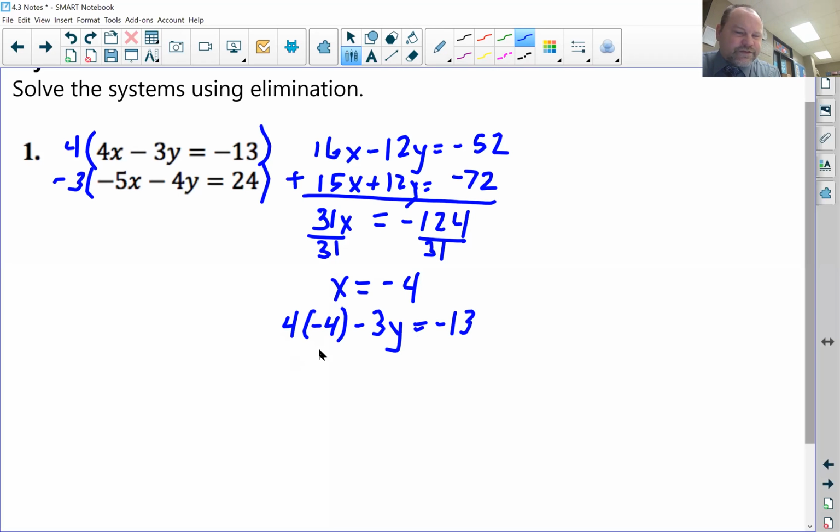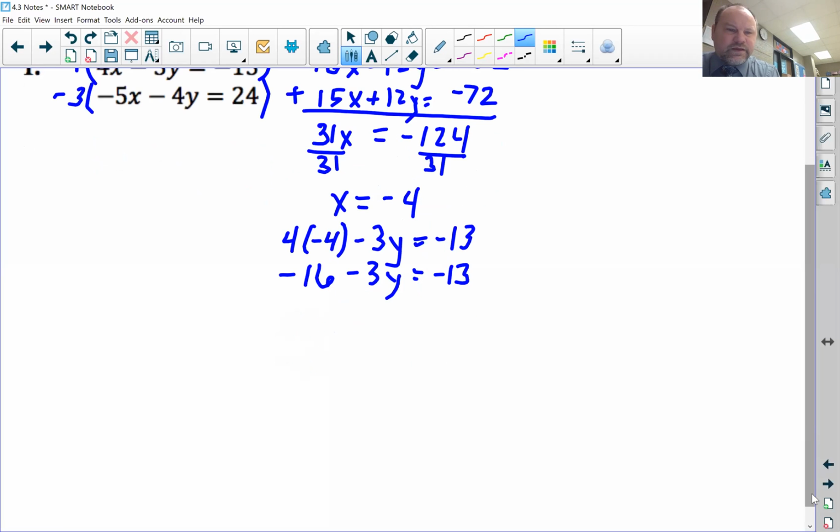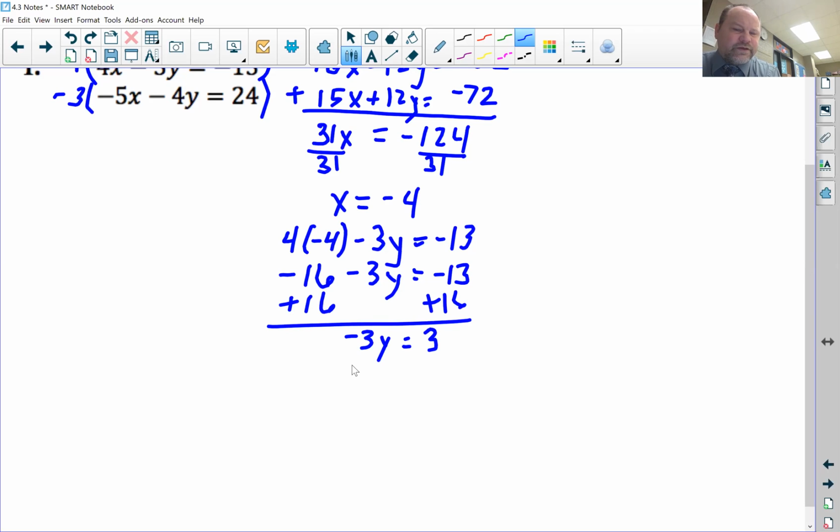So I got -16 minus 3y equals -13. Add 16 to both sides. -3y equals 3. Divide both sides by -3. Y equals -1.